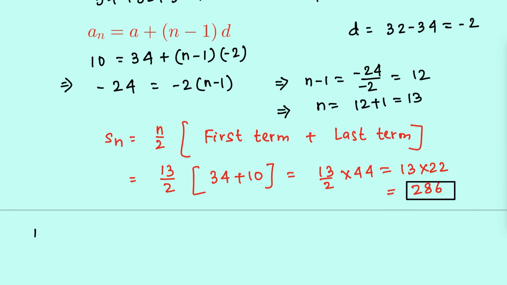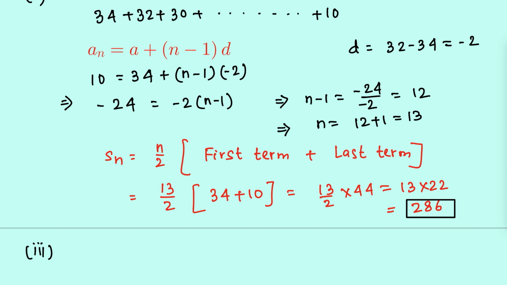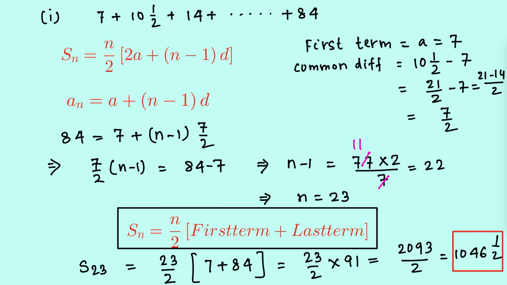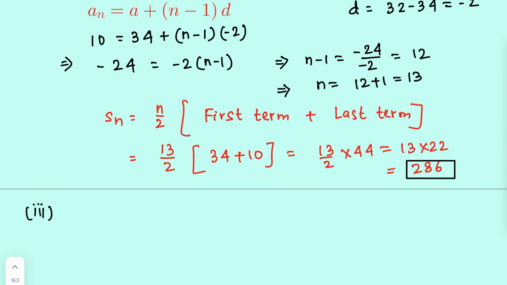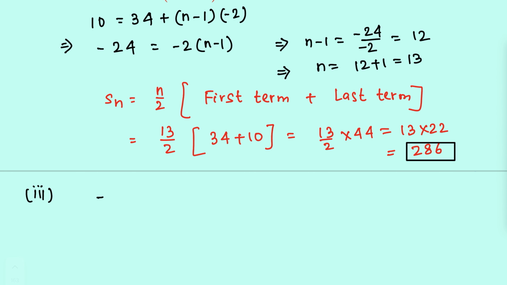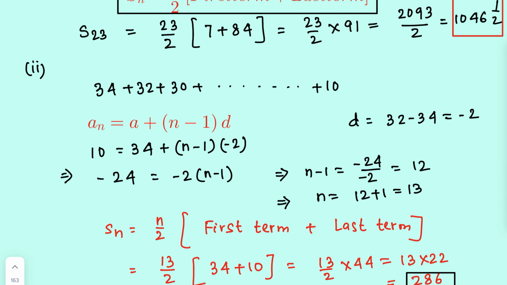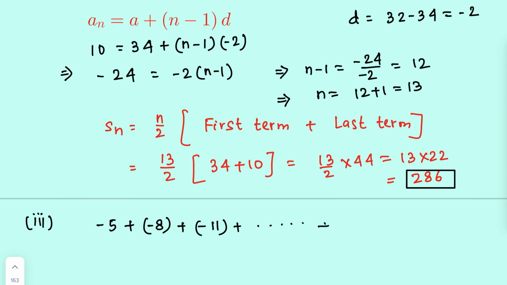Now for the third one, if you see, it is minus 5 plus minus 8 plus minus 11, and in this way up to plus minus 230.